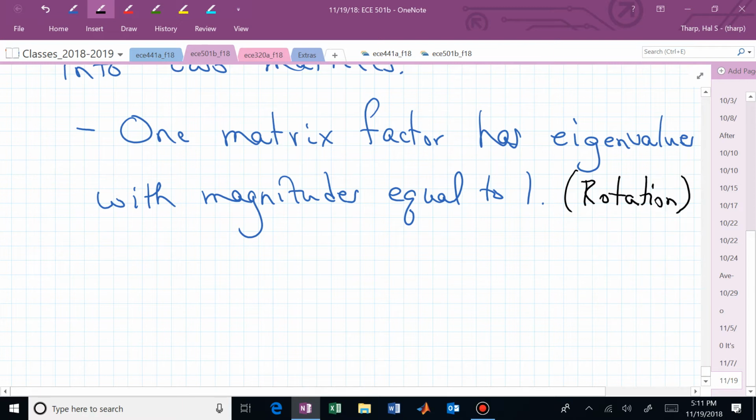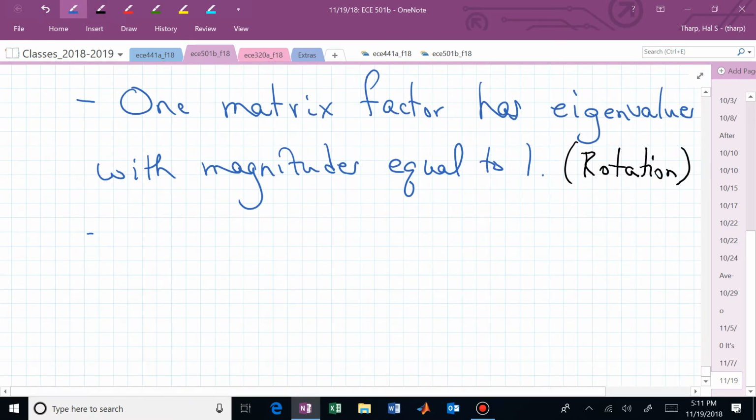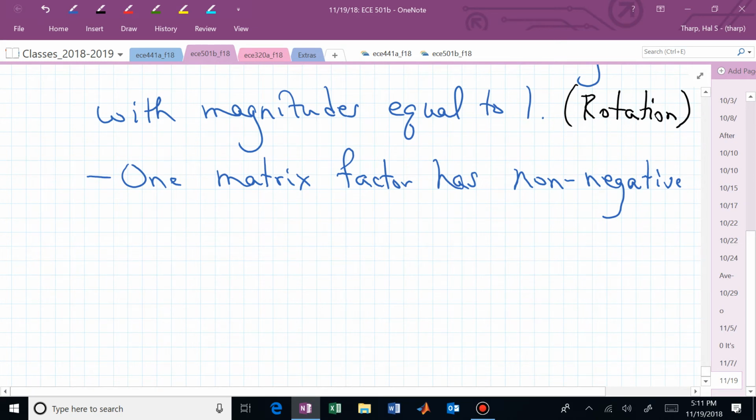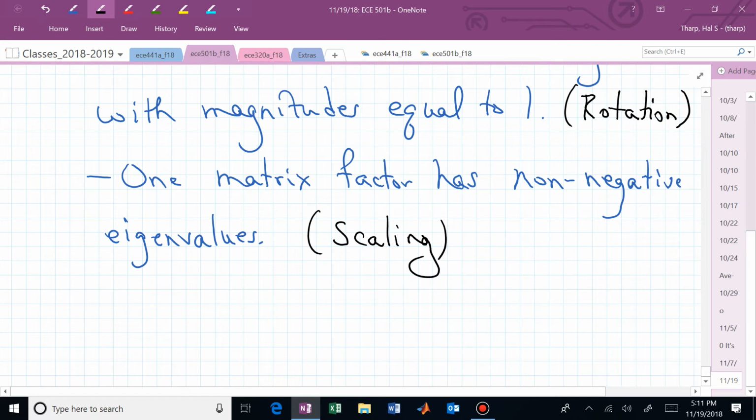The other matrix factor corresponds to our positive operator, and has non-negative eigenvalues. And that's our scaling.